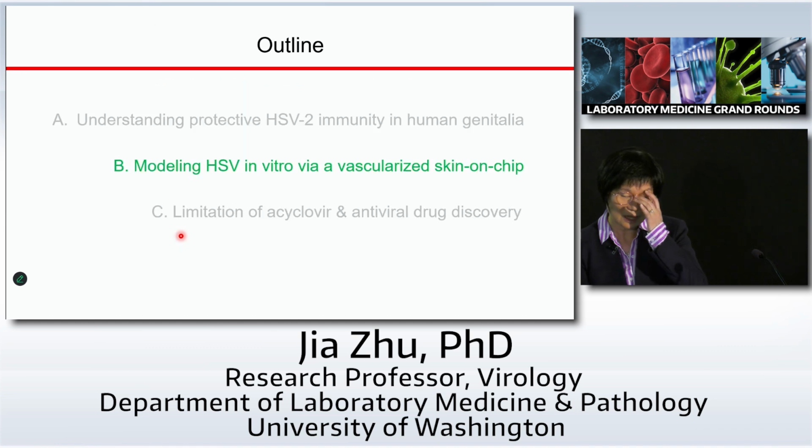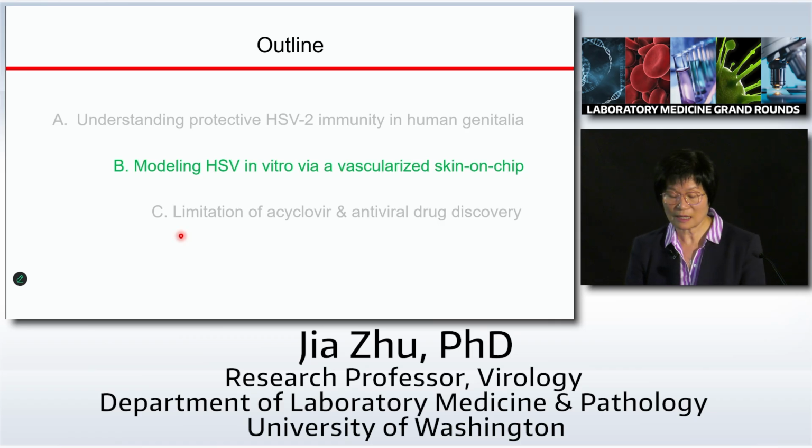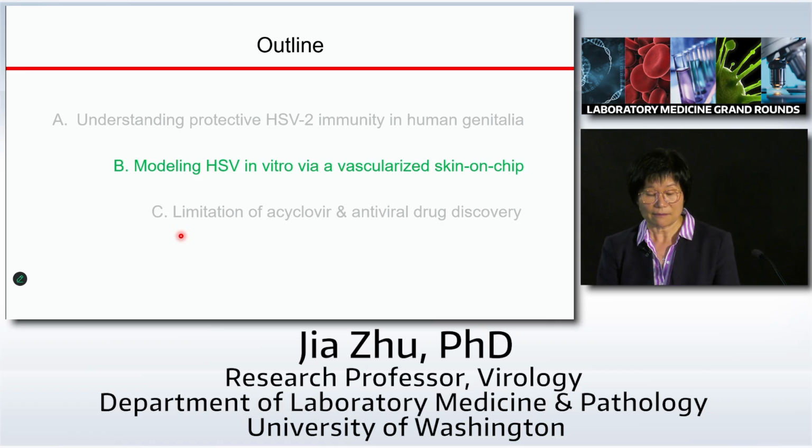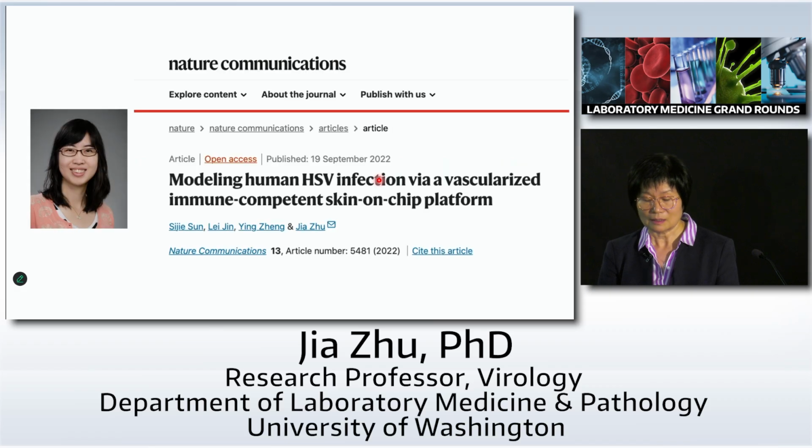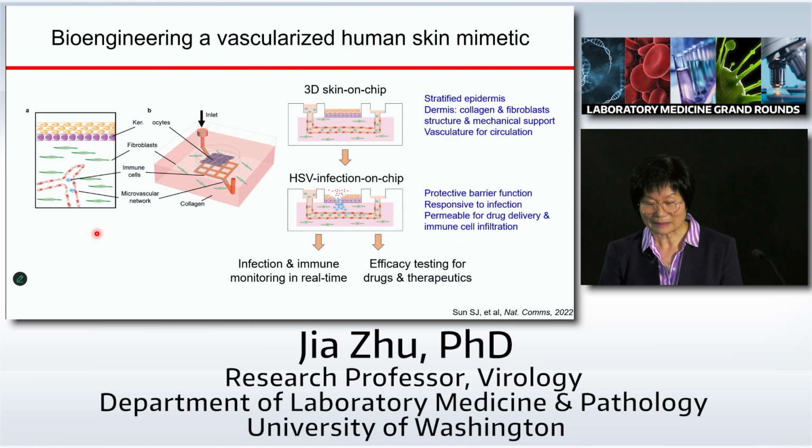So now I'm going to switch directions and discuss a 3D vascularized skin-on-chip platform for modeling HSV infection in vitro. This work is spearheaded by a talented postdoc, Jia Zhu, who has PhD training in the Department of Bioengineering at UW. I was very fortunate to have her.